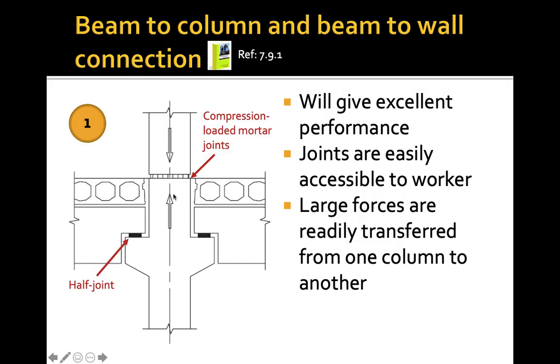For this type of connection, it will give excellent performance, as the vertical loadings will be transferred directly here, and the joints are easily accessible to workers. So we have this compression joint as well as the tension joint. The compression joint is for the horizontal member, and large forces are readily transferred from one column to another. So this is for the first type.